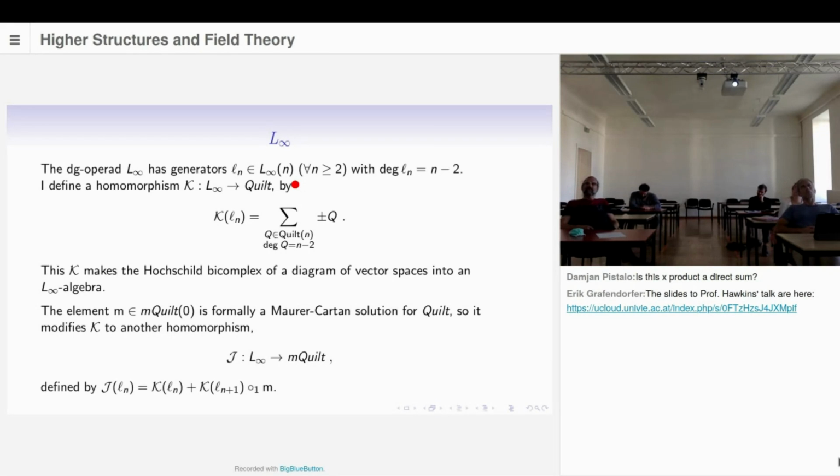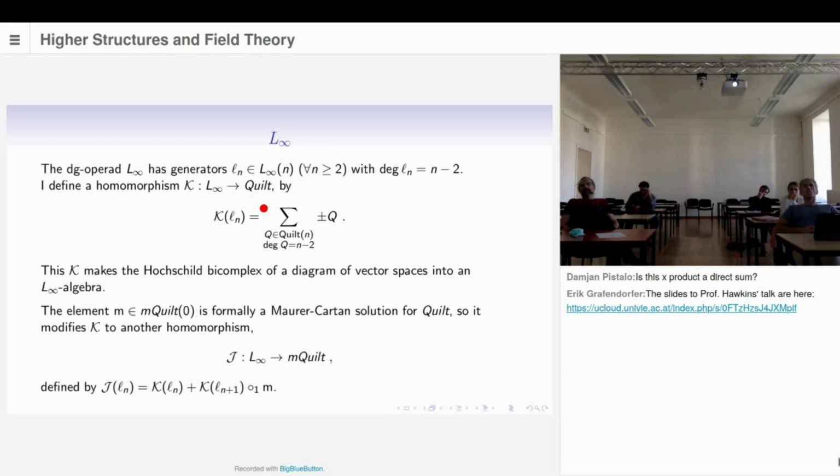And being a homomorphism, it's going to respect arity and degree. So what could it possibly map Ln to? It's got to map Ln to something in Quilt that has arity n and degree n minus 2. That actually turns out to be the maximum possible degree of an arity n element.